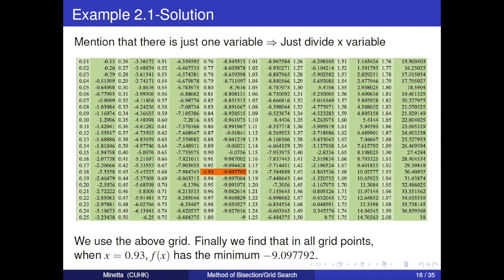That is to say, we get 200 grid points. We need to calculate 200 times. By calculation, finally, we find that in all grid points, when x equals 0.93, f(x) has a minimum.